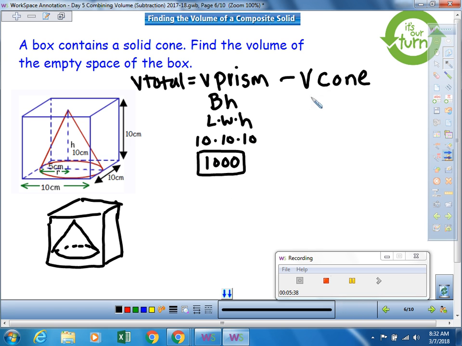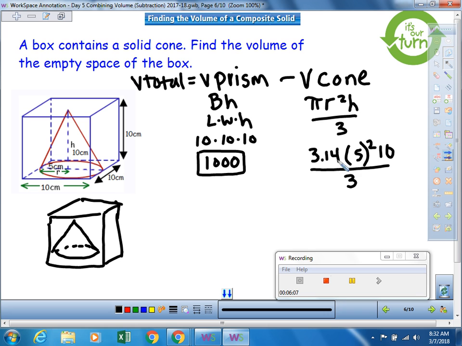Now let's look at the cone. Pi r squared h over 3. So 3.14, and the radius is 5, so 5 squared. And then the height of the cone is 10, because it goes the whole distance of the box. So times 10 and then divided by 3.